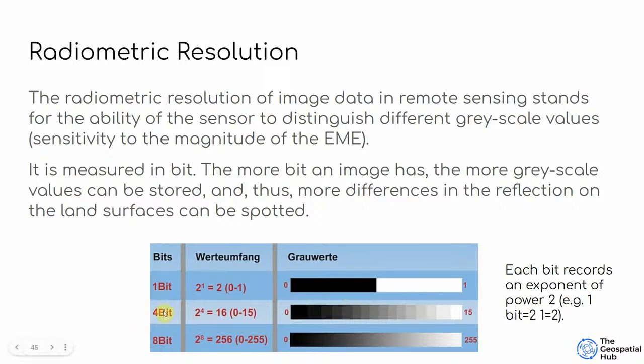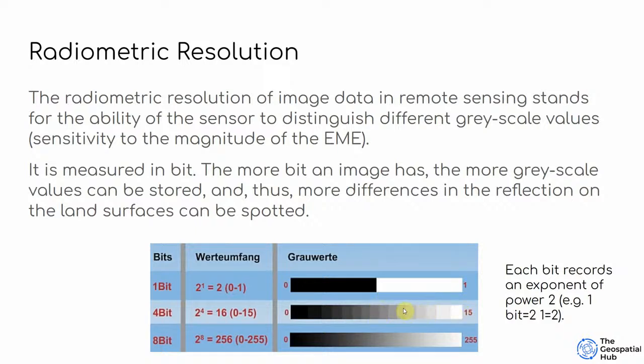But now when it is 4 bits, 2 raised to power 4, that's 16. So it will be ranging from 0 to 15. Now you can see that the intensity level has increased. It can now sense more energy. Before, everything from this part to this part was just black, and everything from this part to this part was just white.